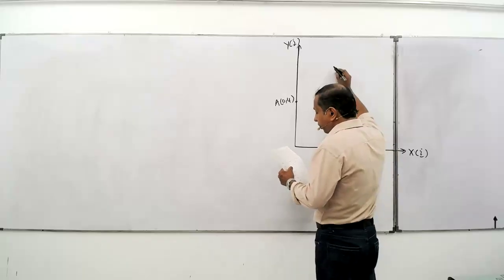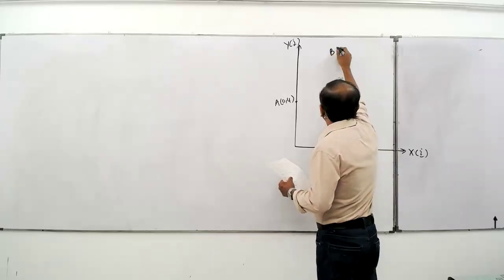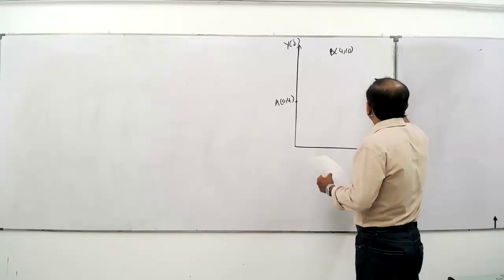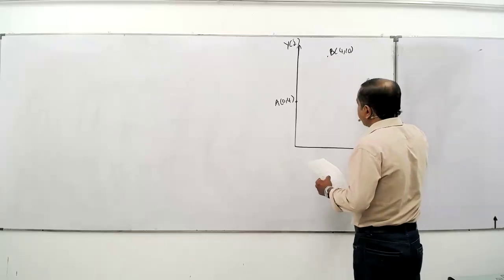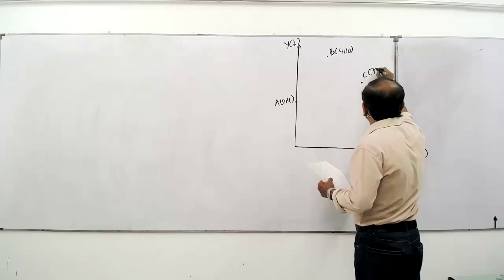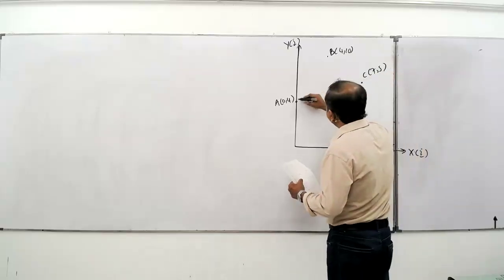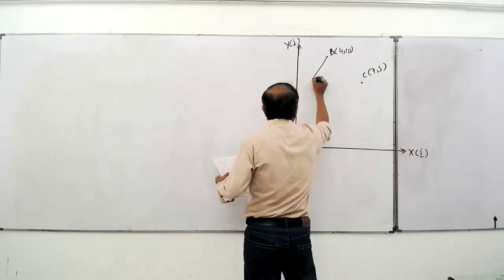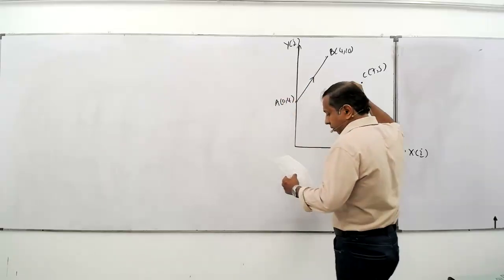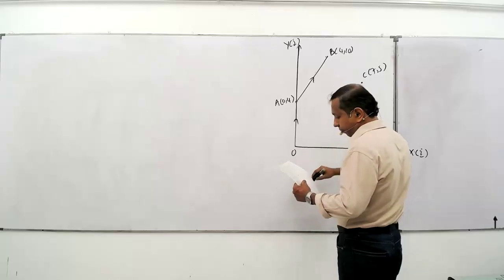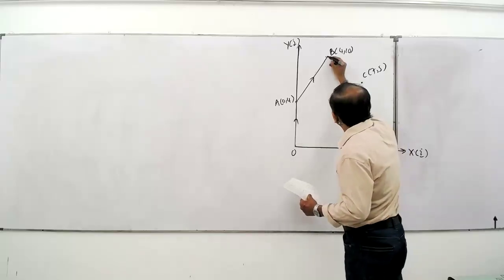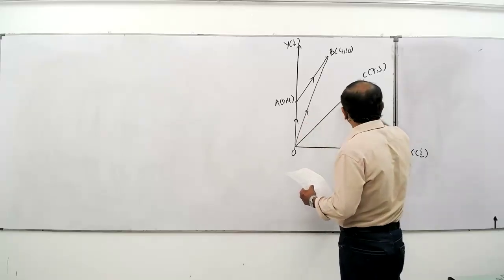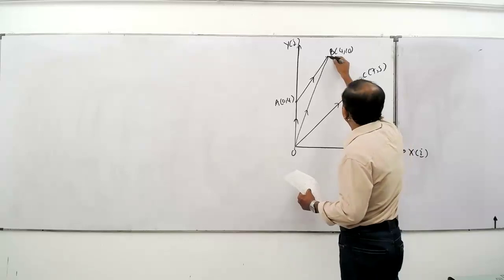Point B is (4, 10). And C is (7, 5), right? We get AB here. This is OB, this way, and OC, this one, and BC.